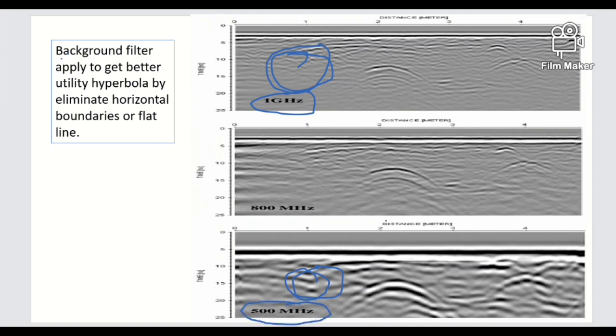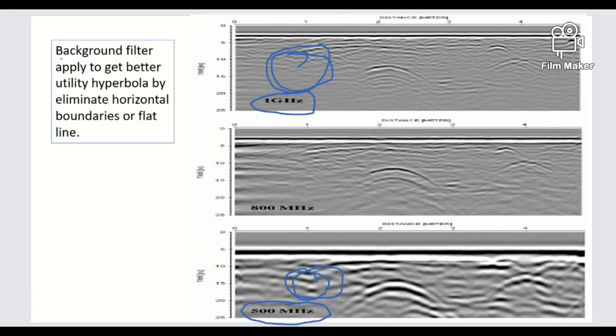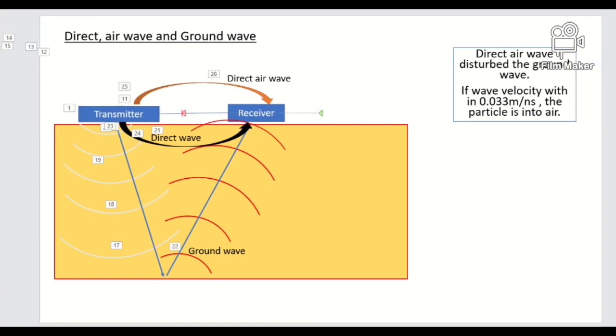Here we will see how the ground or GPR data is disturbed by other noise.